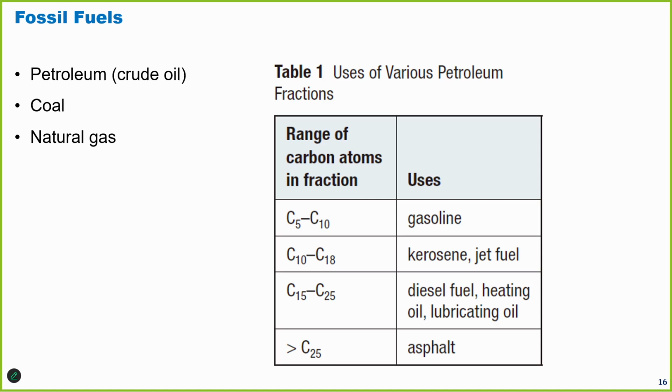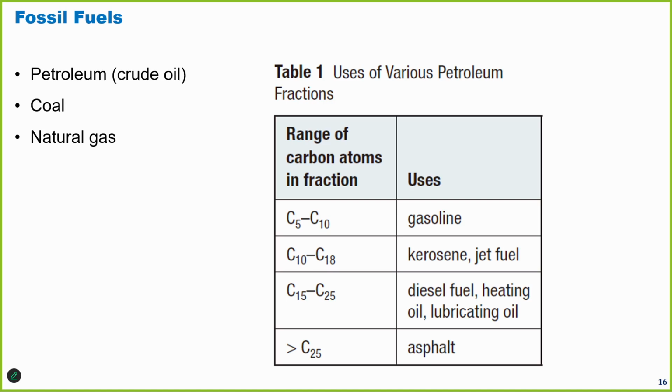The composition of crude petroleum varies, but it consists mostly of straight-chain hydrocarbons between 5 and 25 carbon atoms in length. When petroleum is heated, the smaller molecules enter the vapor state first, while the larger molecules remain in liquid form.